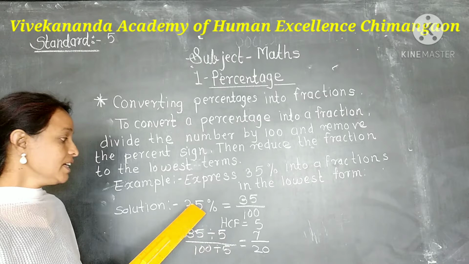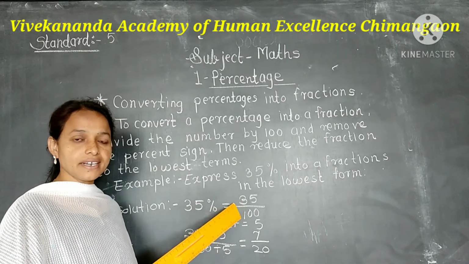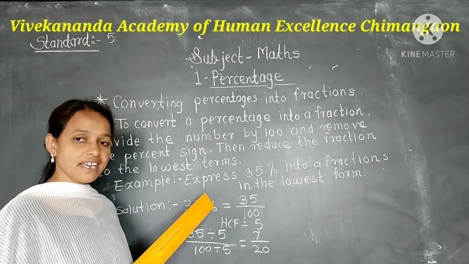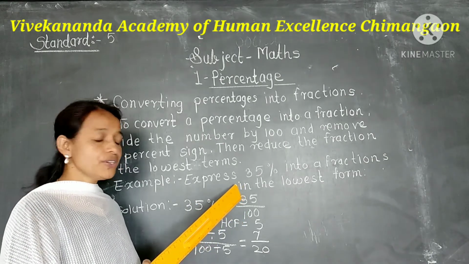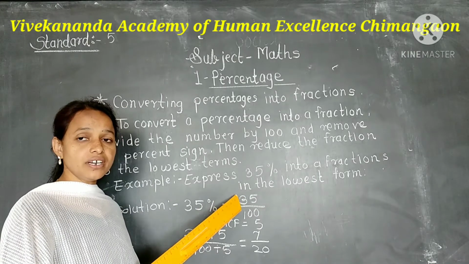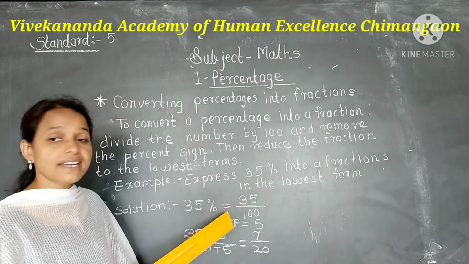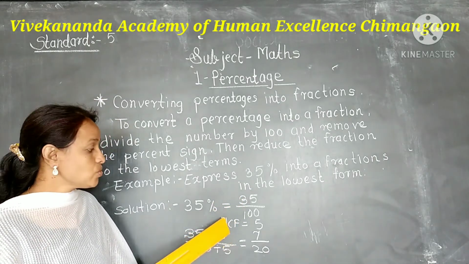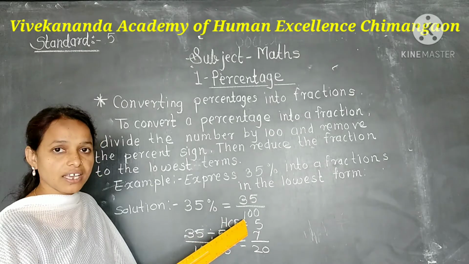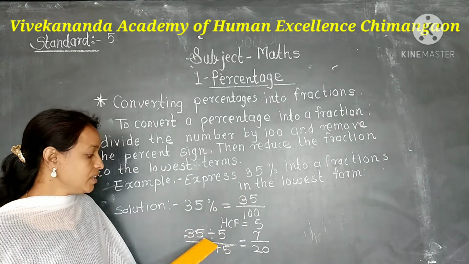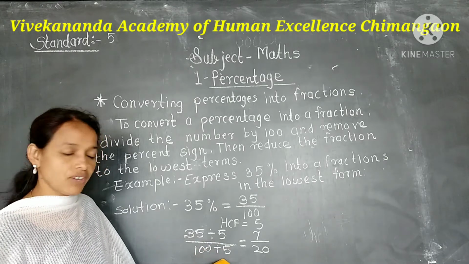See once again, 35%, its fraction is 35/100. Means here we remove percent sign and divide by 100. Then we reduce this 35/100 into its lowest term by dividing by its HCF. HCF of 35 and 100 is 5.